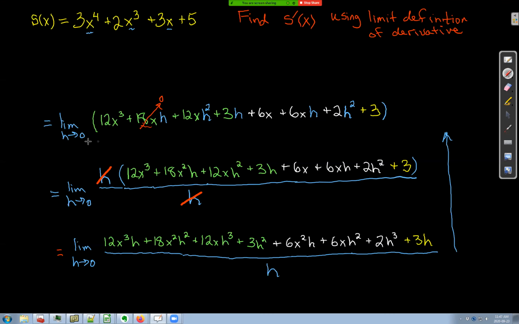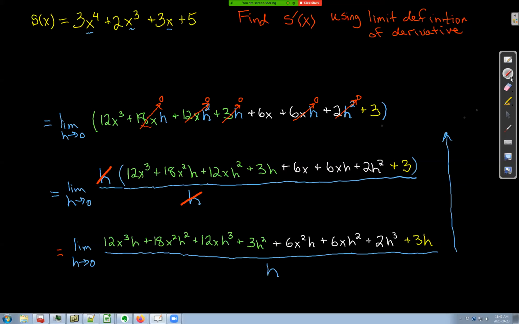If h goes to 0, that guy is gone, similarly with that one and that one. When h goes to 0, all of the pieces with an h are equal to 0.